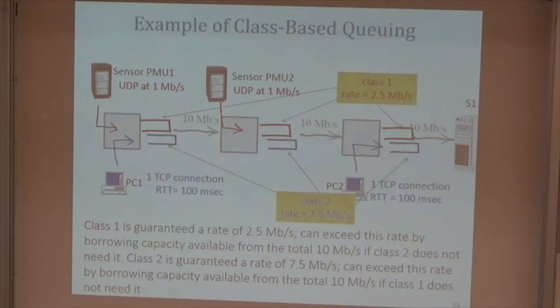Strictly separating the capacity is what you obtain when you use what is called time division or frequency division multiplexing access, where you have a static separation of the time, for example. Some protocols like Bluetooth or Zigbee use that kind of thing, so they would separate strictly the time by saying every millisecond, between 0 and 2.5, I look only at the red, and between 2.5 and 10, I look only at the blue.